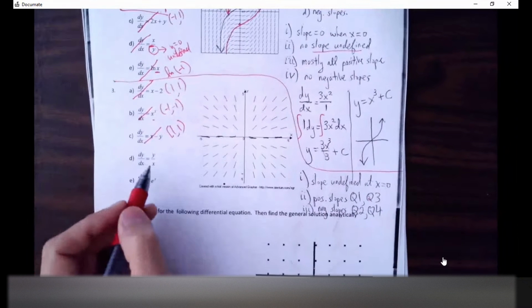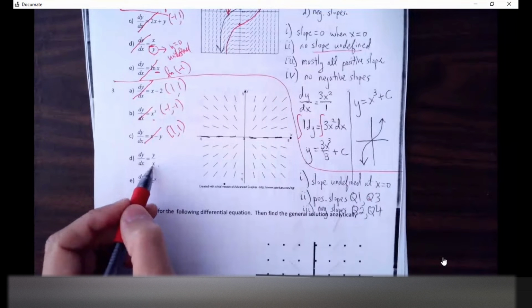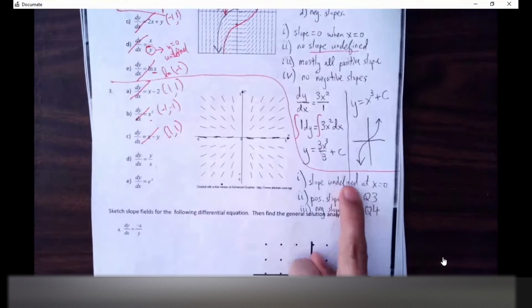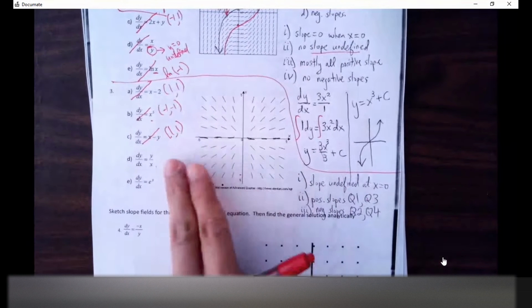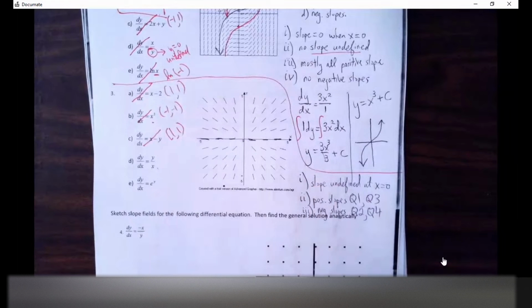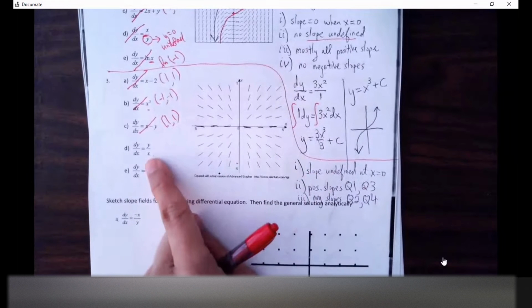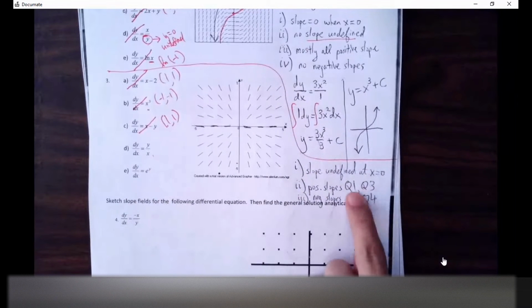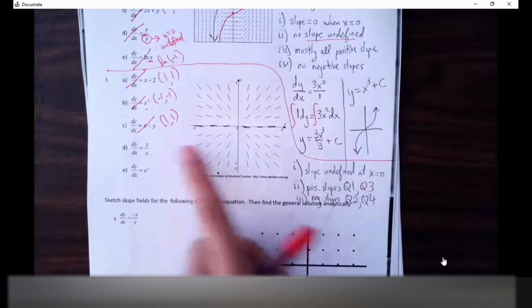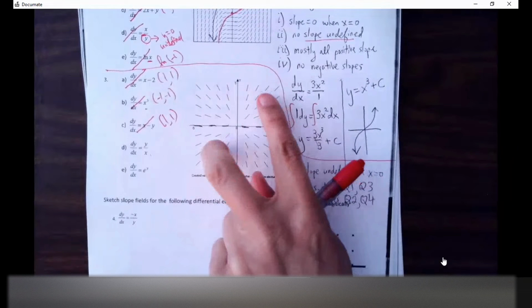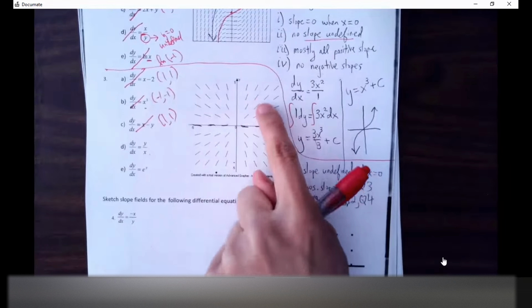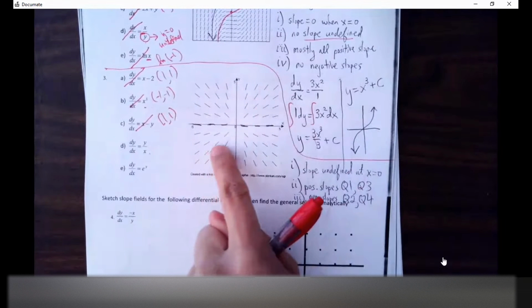All right, now y over x, when x equals 0, it's undefined, and that looks like it's consistent with that first statement. So maybe this is a choice that could be the correct one. Okay, let's look at these other ones here. Positive slopes. Now, anything in the first and third quadrant, the signs are going to be the same, right? Positive over a positive, negative over a negative.